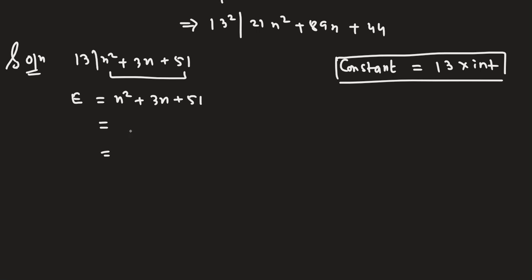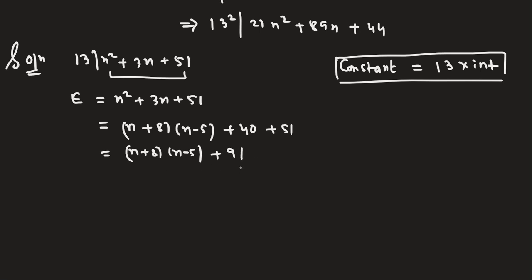So if I take here 8 and 5, so now you are getting minus 40, so it is plus 40, then 51. So now n plus 8, n minus 5, plus 91. This number is divisible by 13.